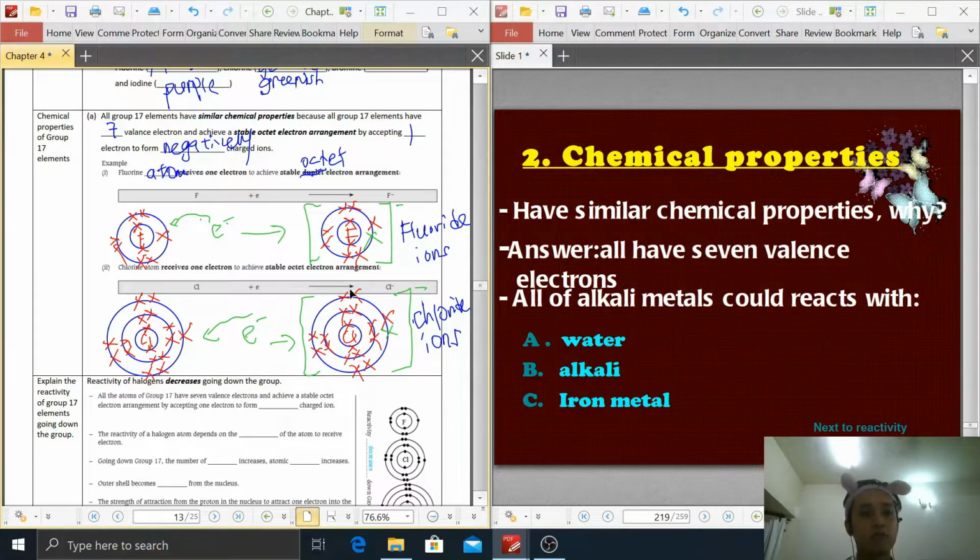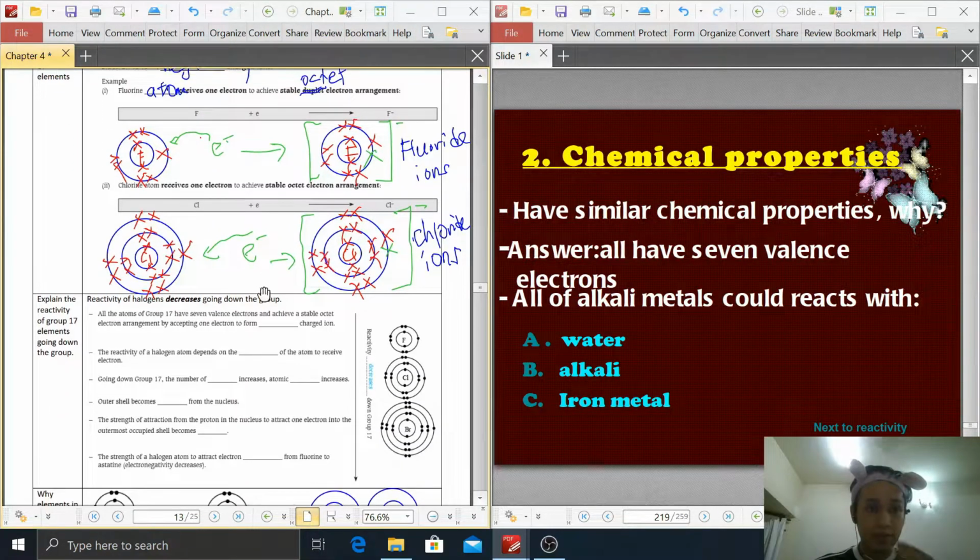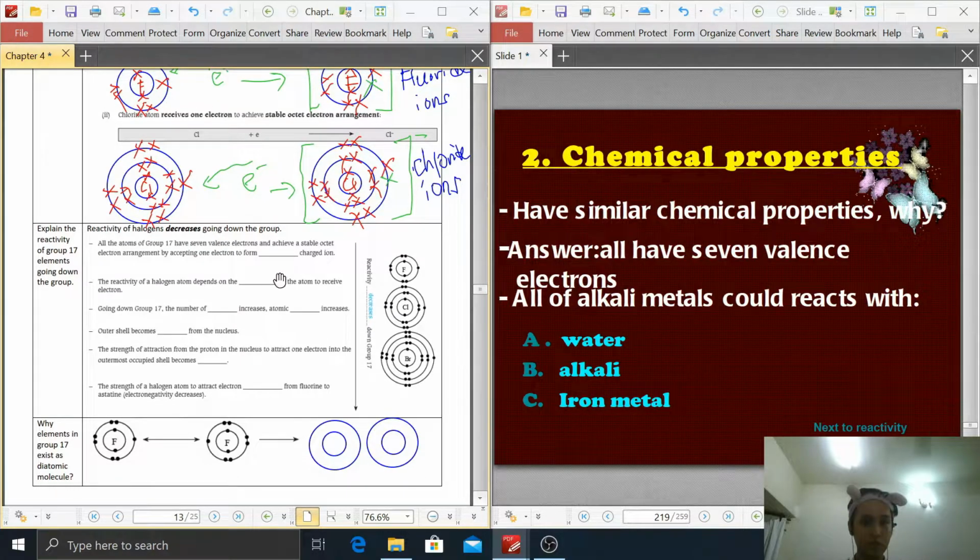Okay, so technically, group 17 elements, they are going to form negative ions because they are electronegative elements. Okay, so they will be accepting 1 electron to achieve stable octet. All right.